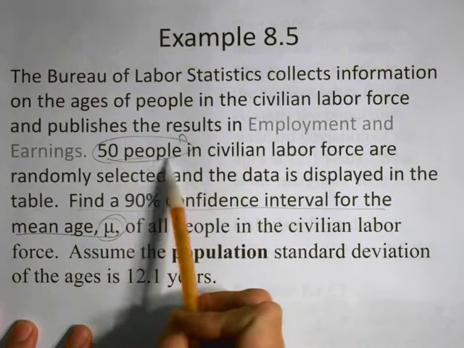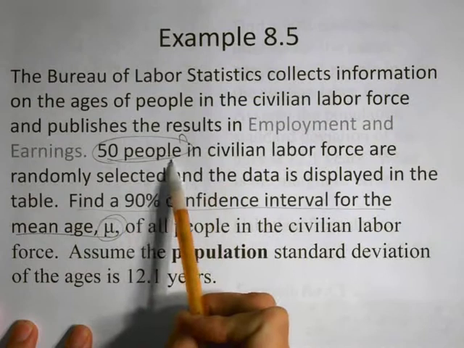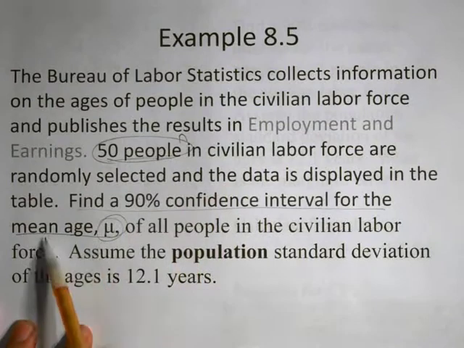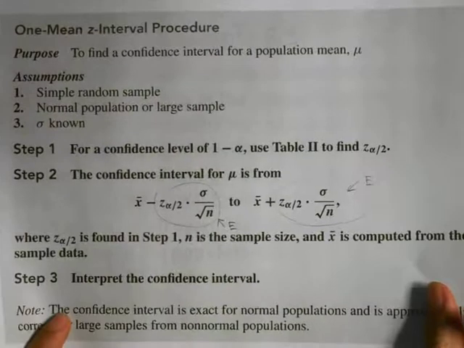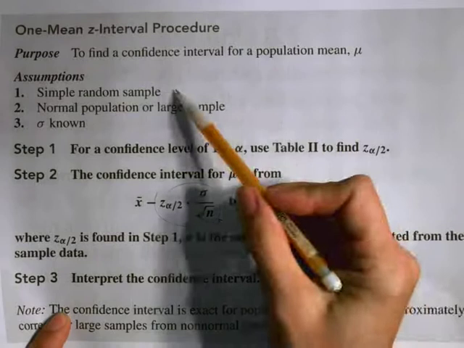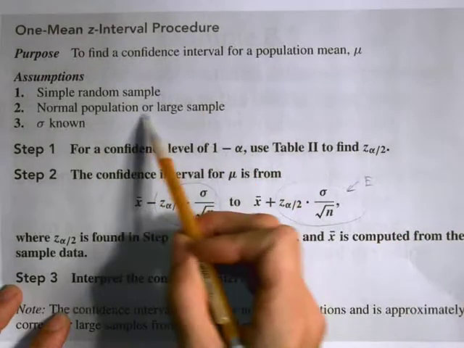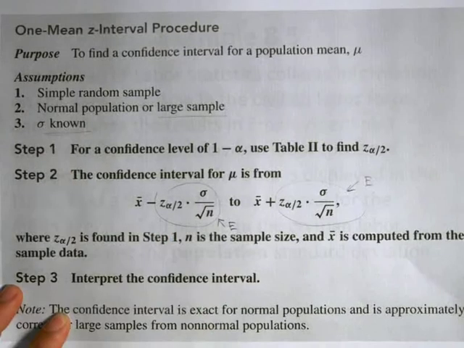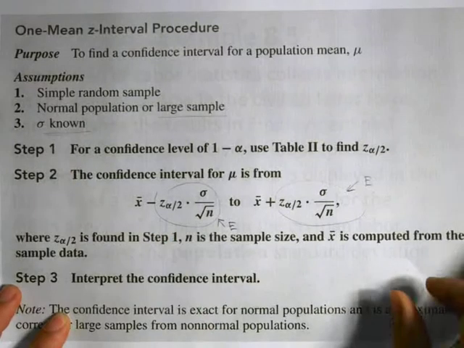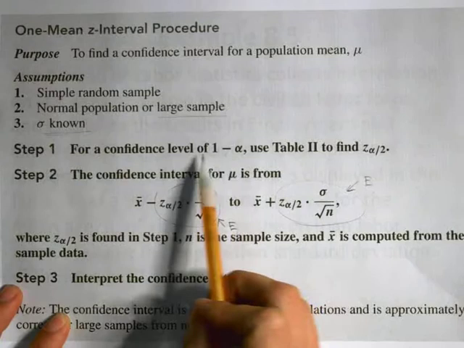and we can figure out the mean of this sample, and we'd like to use this sample to estimate the mean age of the whole population. Okay, so going to our procedures, we have a simple random sample, a normal population, or a very large sample. We have a very large sample when the standard deviation is known.